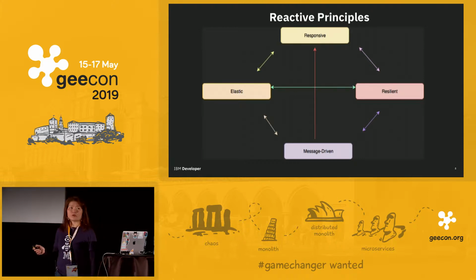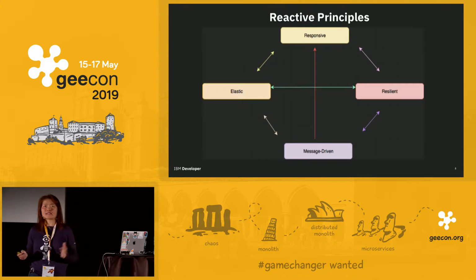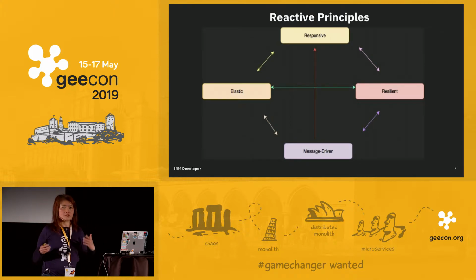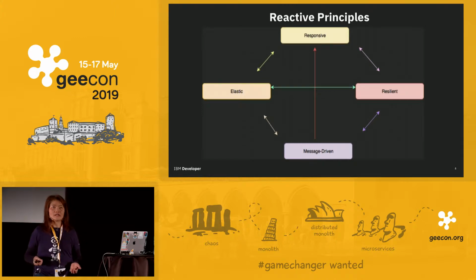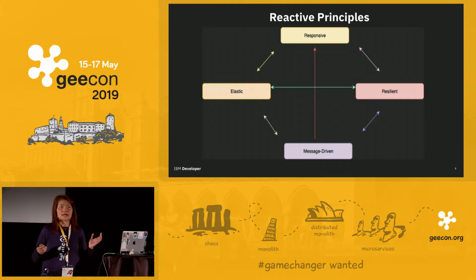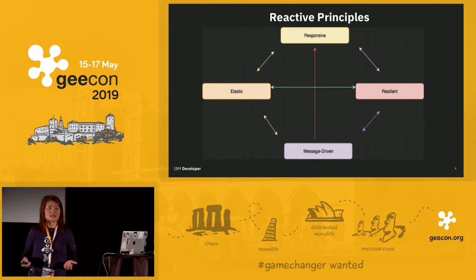The first and foremost, one of the top principles really, is that the system needs to be very responsive. By responsive, it means that all of the requests going into a system need to be able to respond in a very timely manner. You can have a bit of wait time, but the wait time has to be acceptable rather than taking a long time.